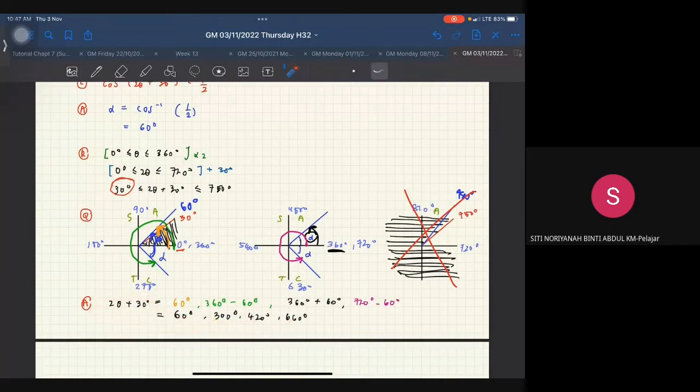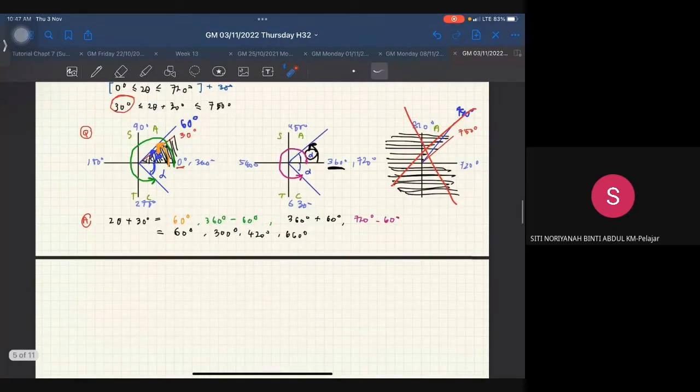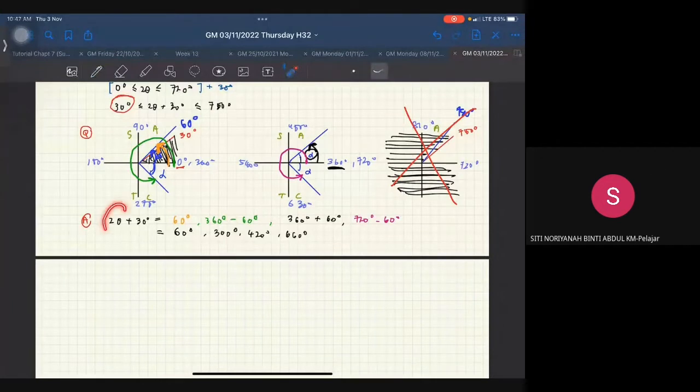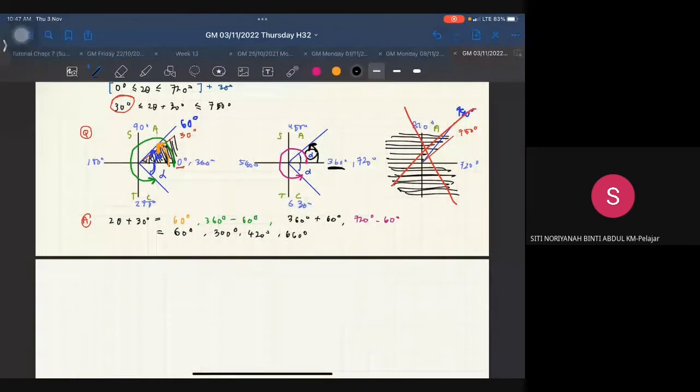Okay, so saya tunjuk satu bahagian saja, nanti awak settlekan sendiri. So, kita ada 2 theta plus 30 tadi. So, kita nak reducekan sampai theta, saya akan hilangkan dulu 30 degrees. So, I am going to minus 30 to every number that I have. Okay, so saya akan ada 2 theta sama dengan, so 60 minus 30, you get 30.